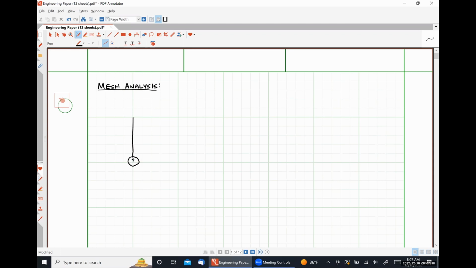is this guy right here. So let's say that we have a 10-volt source. A 9-ohm resistor. A 2-ohm resistor.